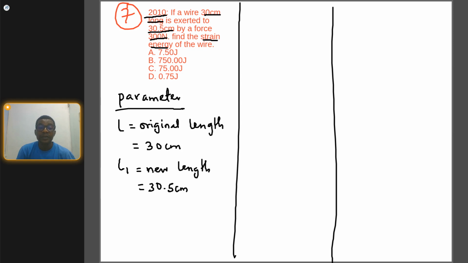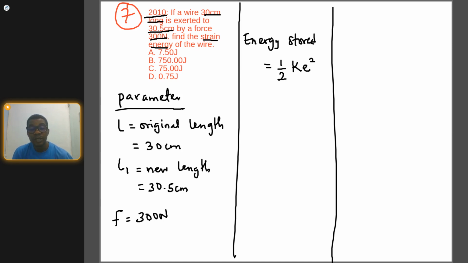And also we are given the force that acted, which is 300 Newton. We are asked to find the energy stored, which is equals to 1/2 Ke squared. That implies that to solve this question, I need K and I need E, and both were not given in the question.